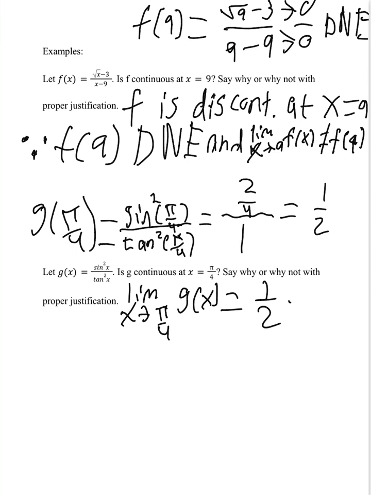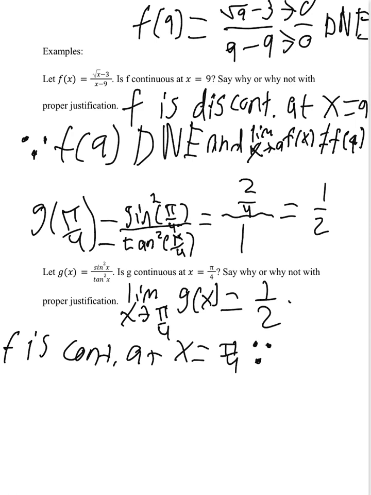So now for our justification, we need to recognize g of a equals the limit as x goes to pi over 4 of g of x. The limit and the point are equal, so we can say g is continuous at x equals pi over 4.